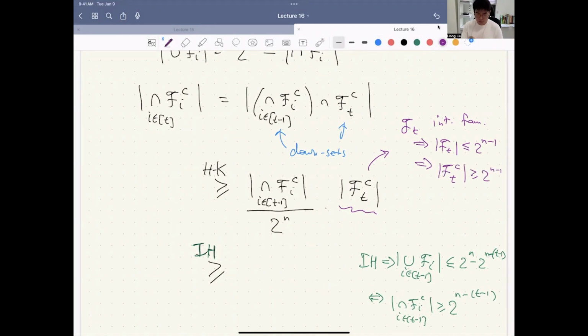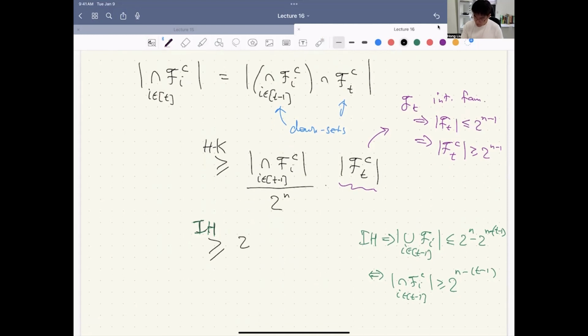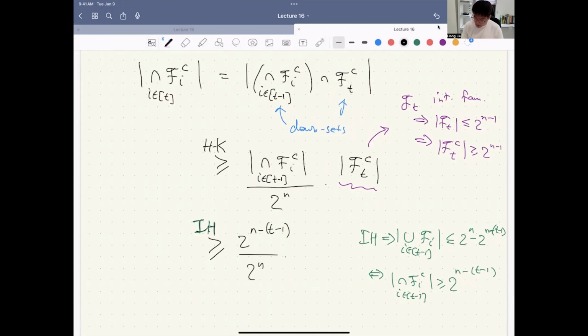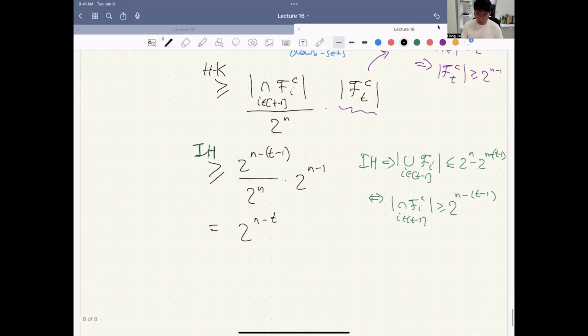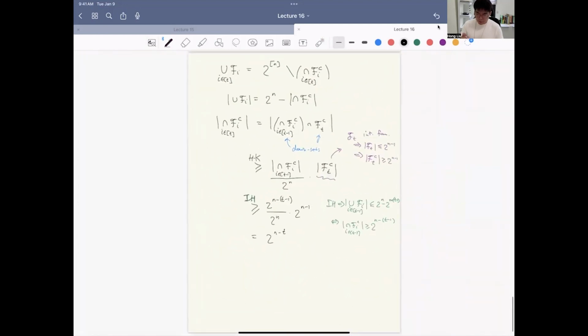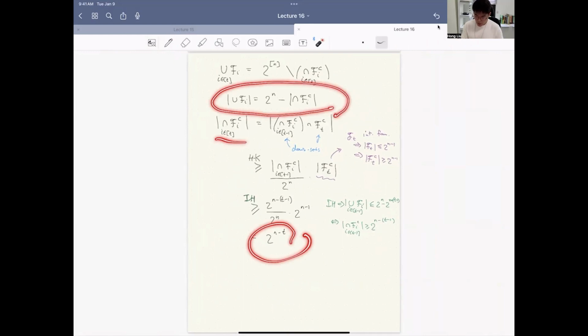So we have this is at least 2 to the n minus t plus 1, divided by 2 to the n, times 2 to the n minus 1, which equals 2 to the n minus t, which is what we want. This is at least 2 to the n minus t, so the union is at most 2 to the n minus 2 to the n minus t.